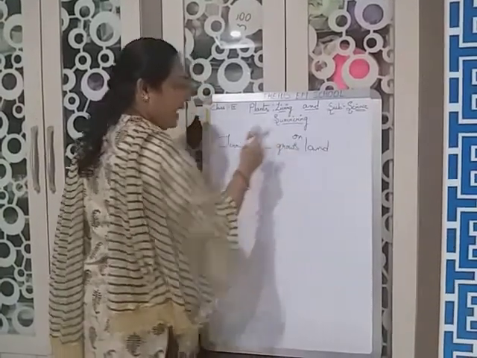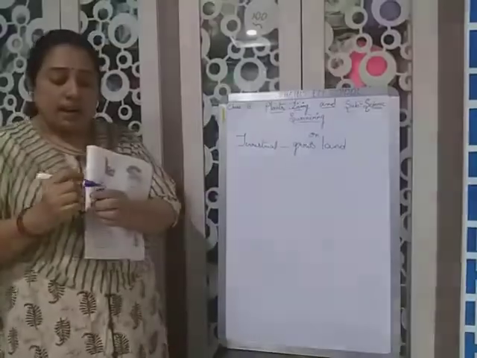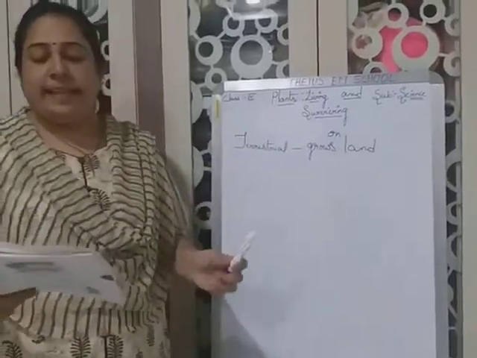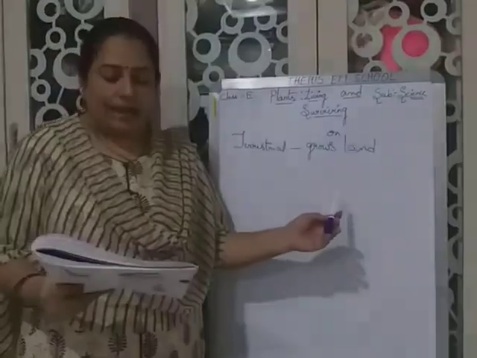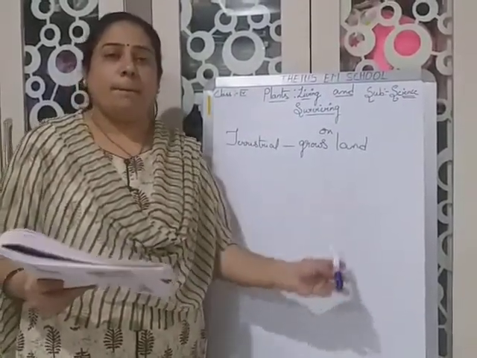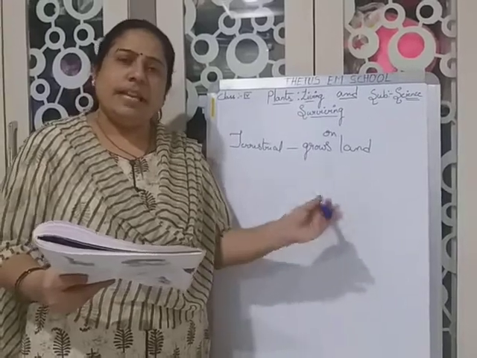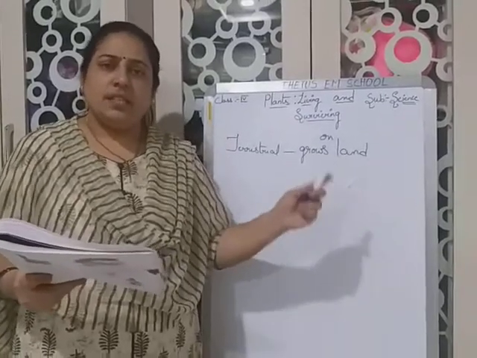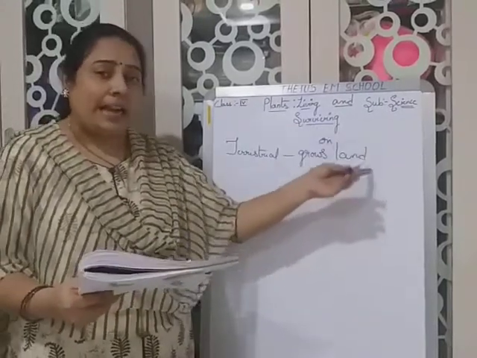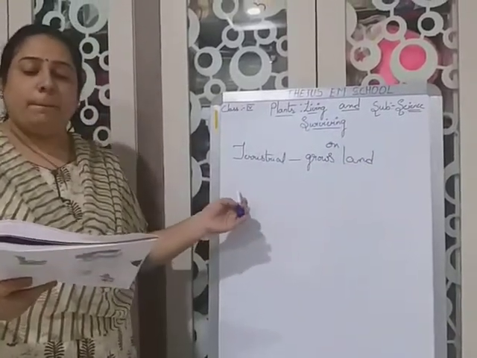Okay children, the plants which grow on land are called terrestrial plants. The word terrestrial means living on land. So, many plants will grow on hills and slopes.